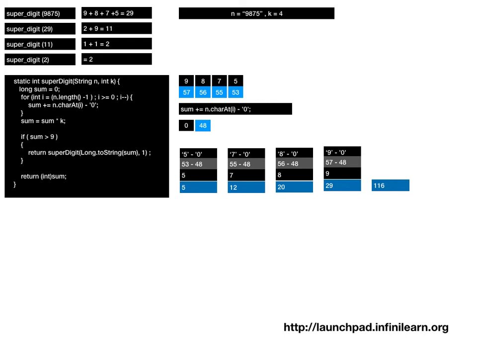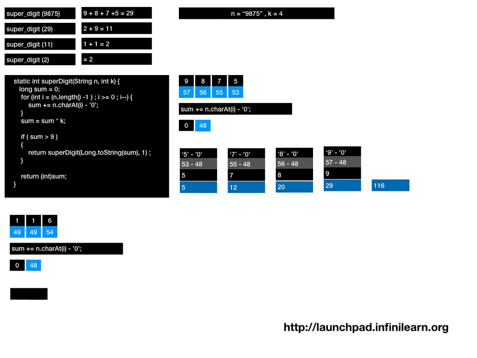Now we'll once again process it for 116. Each character has its decimal representation: 49, 49 and 54. Once again, when we execute our code, where 0 represents 48, we start from the last, which is 6, character 6 minus character 0, and our sum becomes 6.